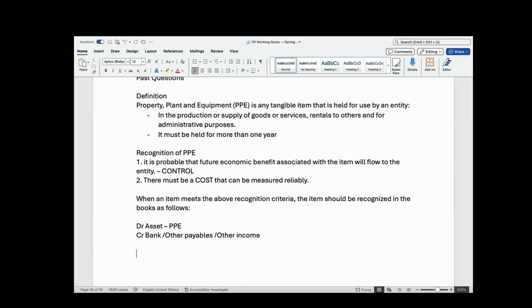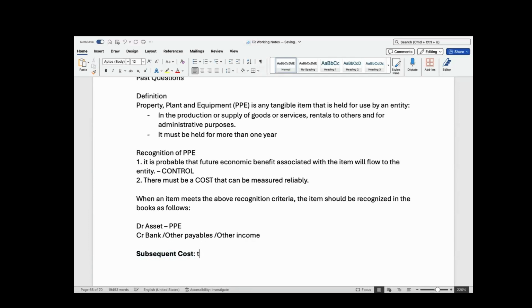Now, when you have acquired an asset and you have recognized it in your books using this approach I've just mentioned, there are still some costs that you would incur on that asset. Let me quickly address that. We call it subsequent costs.